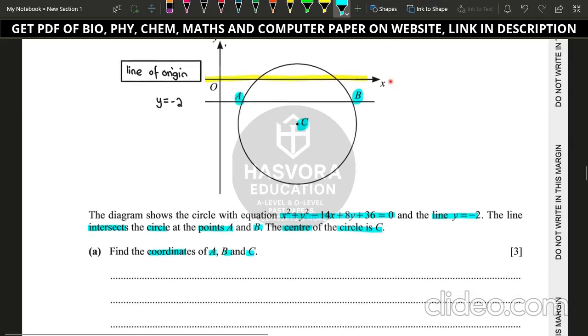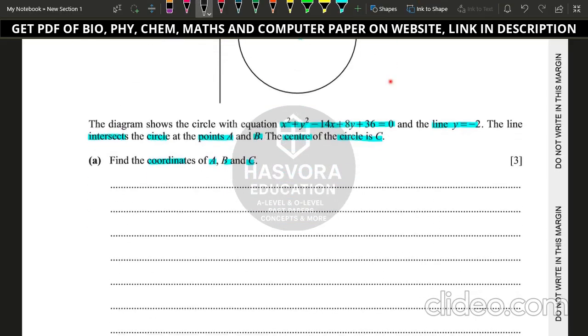So we will get that. So now let's do it. First of all, I will write that A and B are points of intersection of line and circle. So I'm going to substitute y is equal to minus 2 in the equation of the circle.